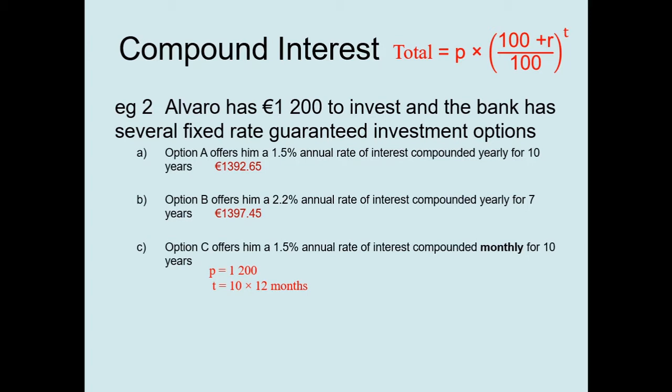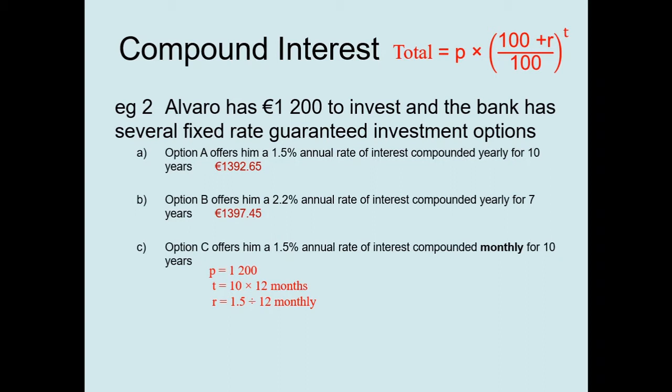That'll be 120 months. And the rate, which is 1.5% annually, if we're working this out monthly, we're going to divide that by 12. And 1.5 divided by 12 gives us 0.125% monthly. It doesn't seem like very much monthly, but it adds up to be 1.5% annually.